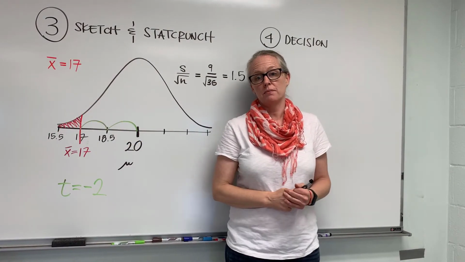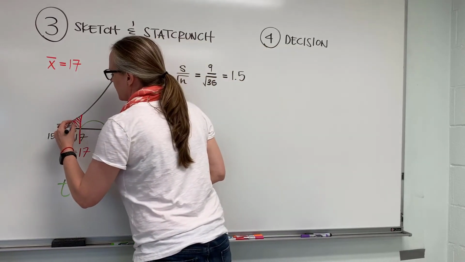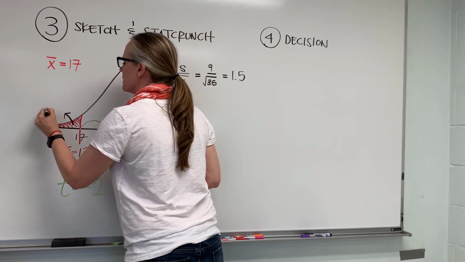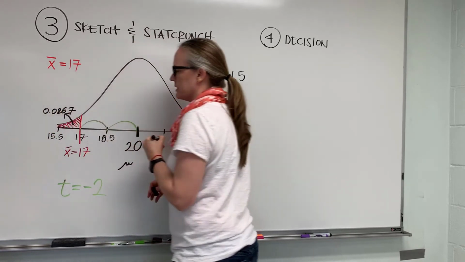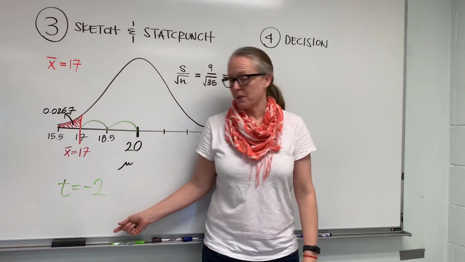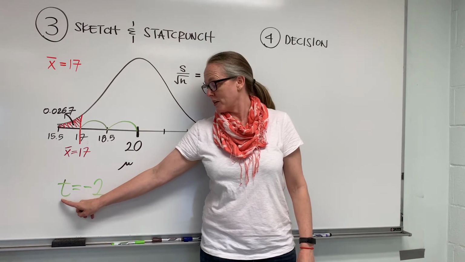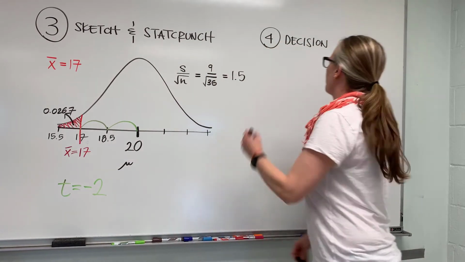StatCrunch provided us with some nice information. We learned that the shaded region here, the probability value, or p-value for short, is equal to 0.0267. And also it reinforced that our tick mark, which corresponds to our t-stat, was -2.